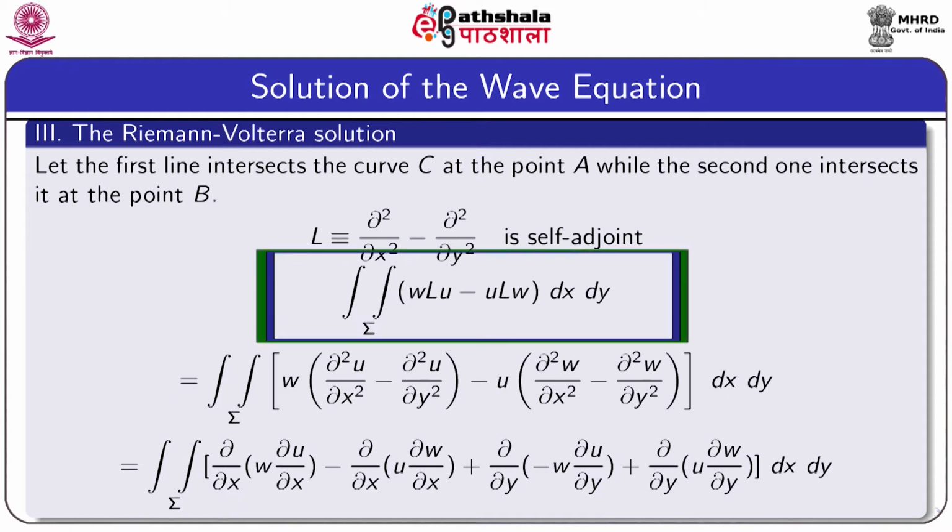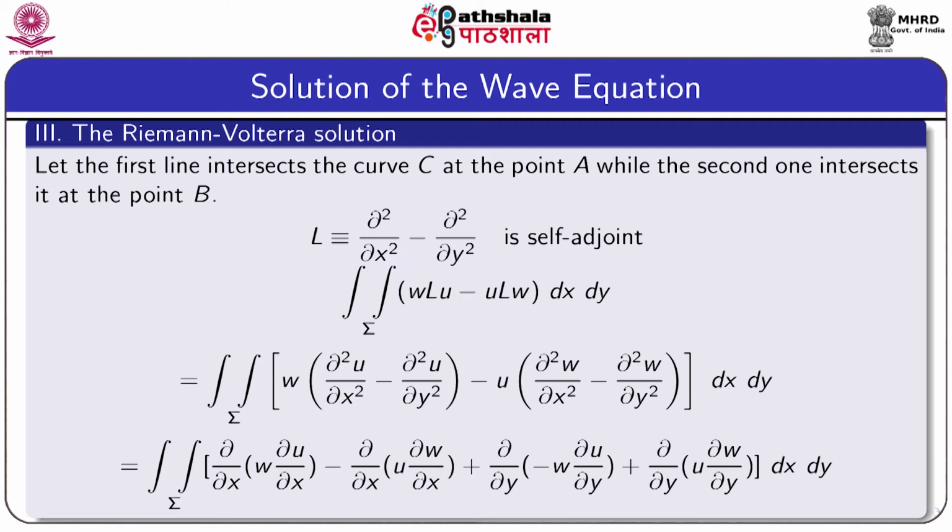Now, we calculate this double integral over sigma of (wLu - uLw), this is the expression for Lu and this is the expression for Lw, and after some calculation it equals the expression written in the last line.